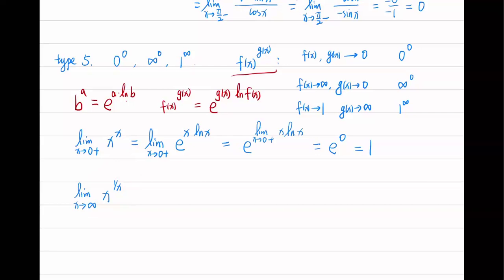Okay, what do we do, Zichen? Change of basis. Okay, so limit, infinity, e to the what's the exponent? 1 over x log x. So e to the limit, as x goes to infinity, logarithm x over x. How do you find this limit?